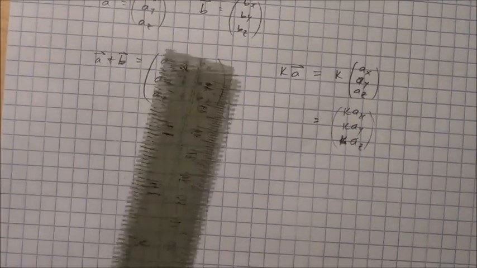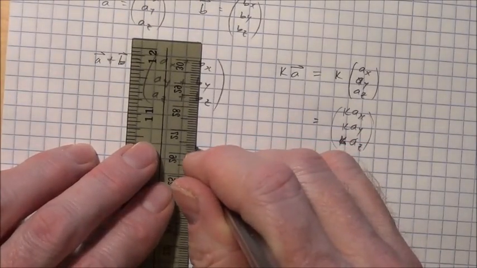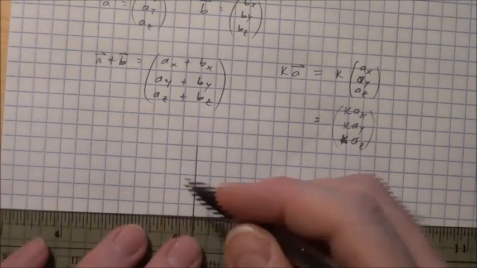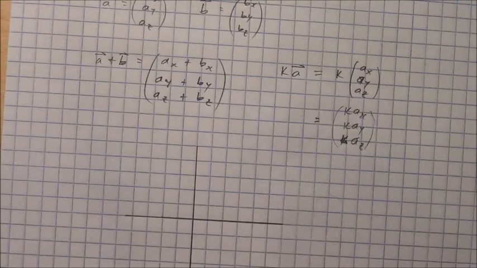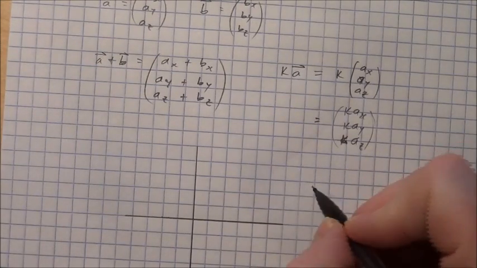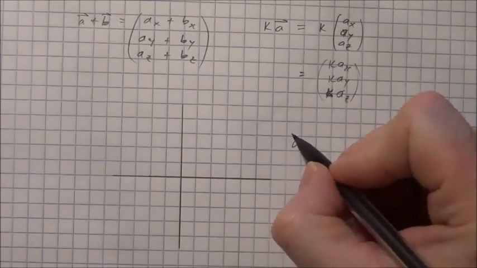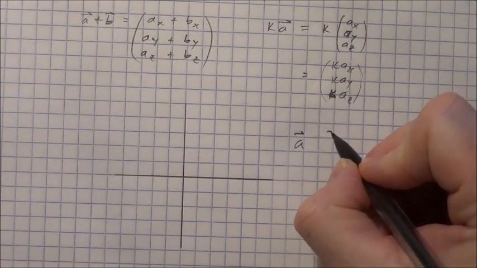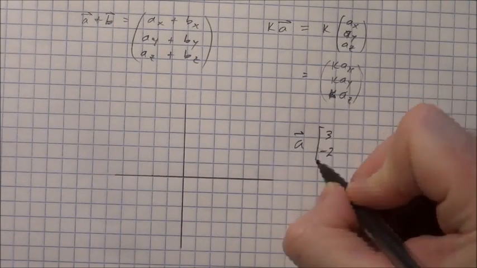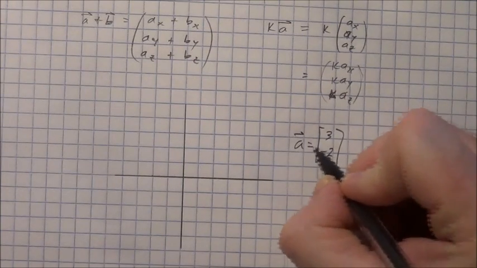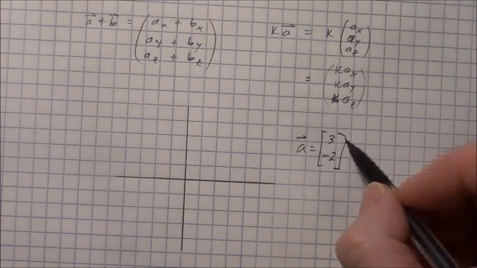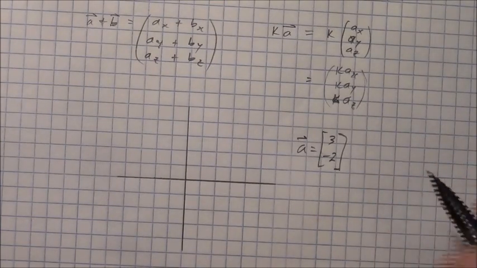So if we use a little example like this, say we have vector A as, let's say it is (3, negative 2), for example. This is sort of like the matrix form of a column vector.